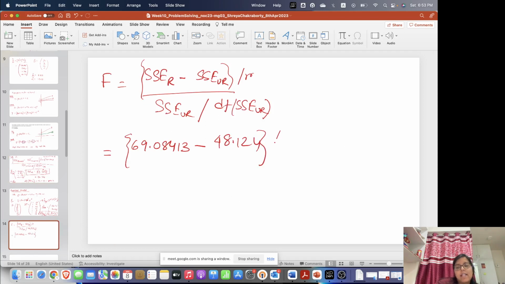We divide this by the number of restrictions, that was 2, by 48.124 by the degrees of freedom: we had 8 observations and 4 parameters estimated in the unrestricted model, so 8 minus 4, 4. And the final value of the test statistic would be, if you calculate, how much are you getting this as?